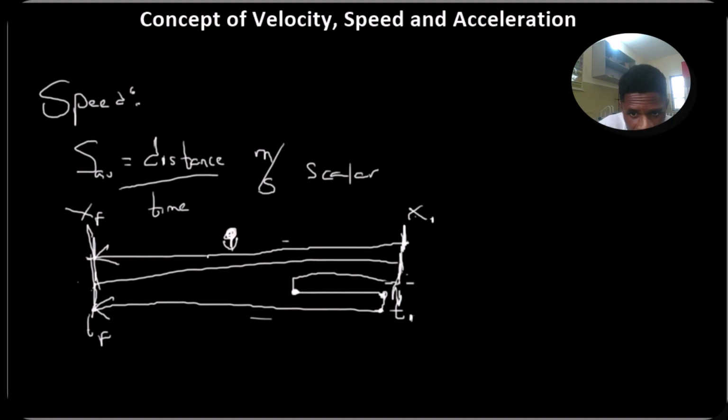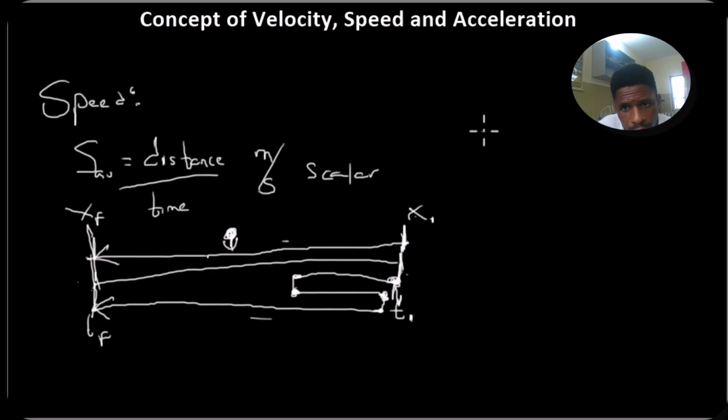Now, we calculate the distance from here to this point, we call it d1. The distance from here to this point, we call it d2. Then from this point to this point, we call it d3. Then we take the total distance, d1, d2, and d3, and divide by the time taken. So we can find out how our object is moving in the particular motion that we're trying to describe.